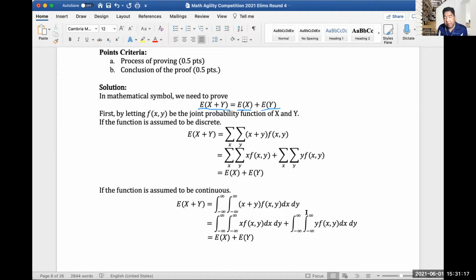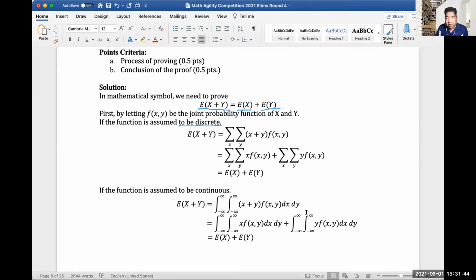So we can assume two kinds of function for this. First, it can be discrete, and the second is it can be continuous, right? It can be discrete data or continuous data.